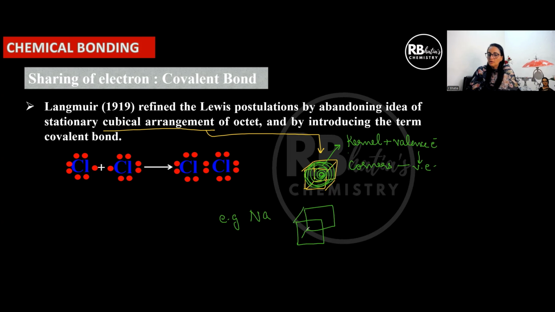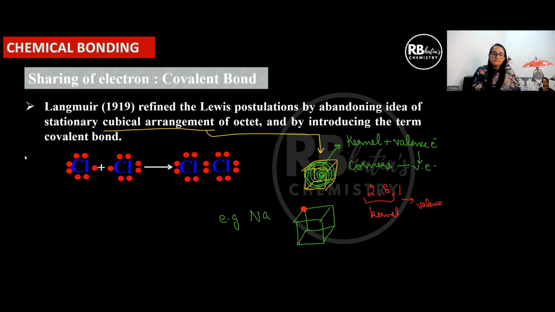I'll just draw a cube and I assume the center is all the kernel, and I will just put one electron on one corner. Why? Because sodium configuration is 2, 8, 1. This is the kernel and this is the valence electron. So kernel is assumed to be filling the entire inside, and one corner because we have one valence electron.